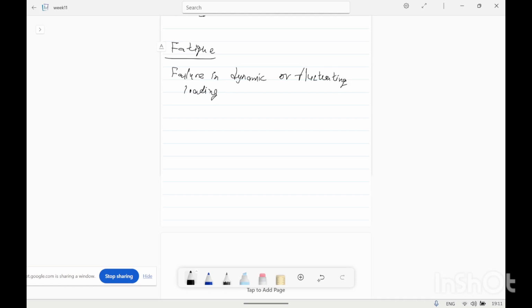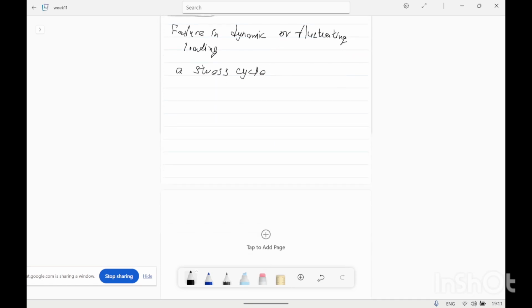Due to the dynamic or fluctuating loading, a stress cycle will exist during the deformation process, and the stress cycle can be defined in various types of cycles. First is the completely reversed stress cycle.